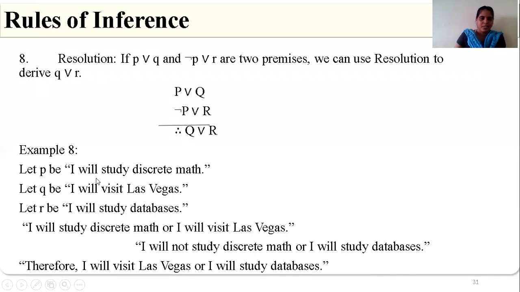P is I will study discrete math, Q is I will visit Las Vegas, R is I will study database. How can we represent P or Q here? I will study discrete math or I will visit Las Vegas. Negation of P or R is I will not study discrete math or I will study database. Therefore, the conclusion we can write as I will visit Las Vegas or I will study database.